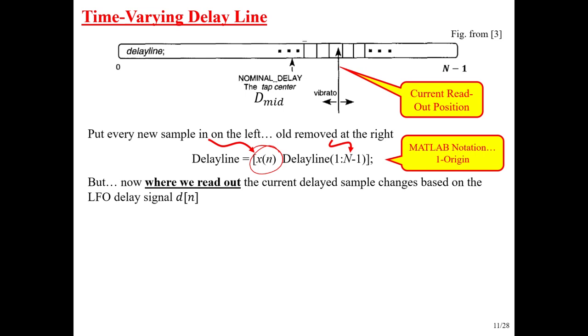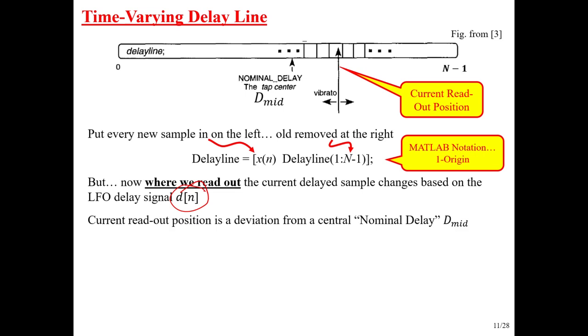But in a real implementation, every 1 over fs, you're sticking something into the delay line and dropping something off the end. But we're also moving where we read out. So that's going to be adjusted by the delay signal, which I'm denoting here as D of n. So we've switched to a discrete time version of that.